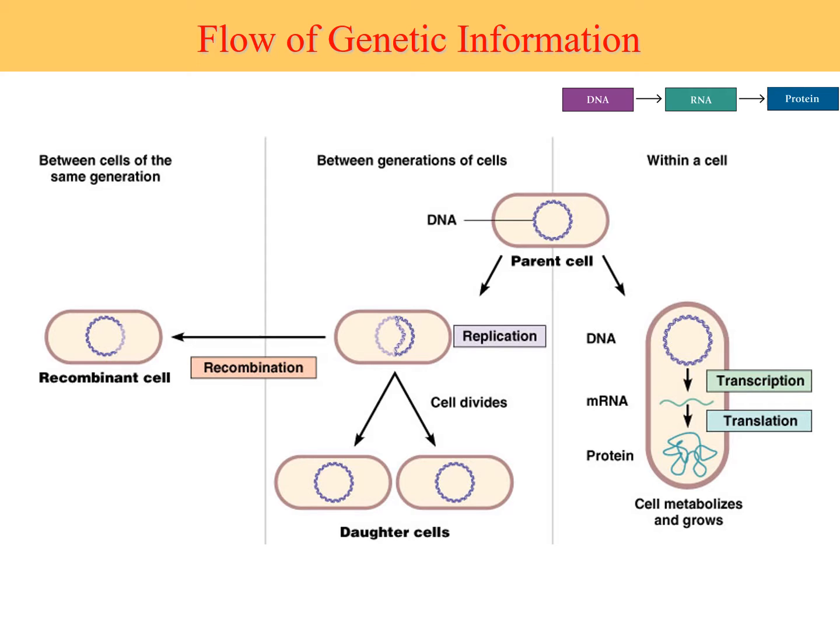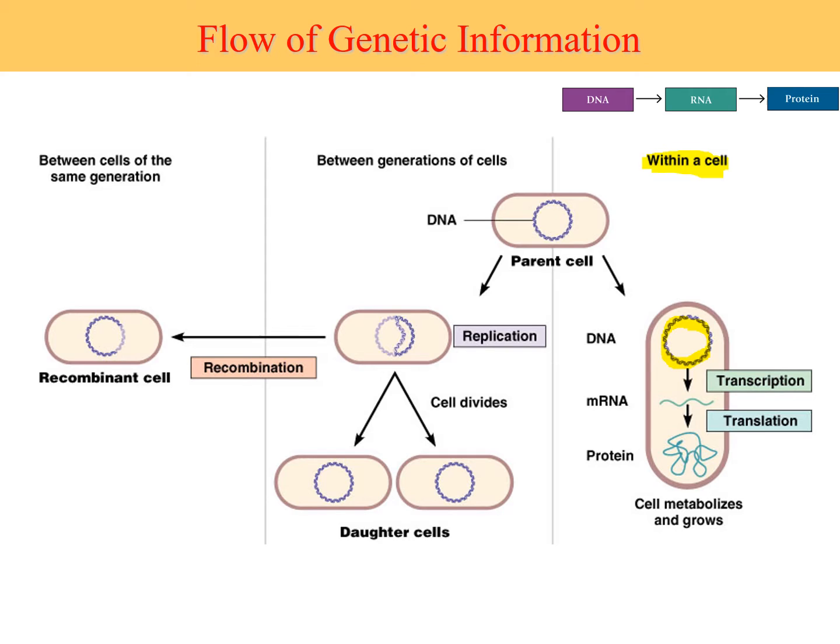So within a cell itself, where we're looking at a single cell, a single generation of cells, if you look at that cell, it has a genome, which is the chromosomal DNA, and that can be expressed in that cell, and it needs to be expressed in order for the cell to remain viable and to have the ability to carry out metabolism, biochemical reactions, and to grow.